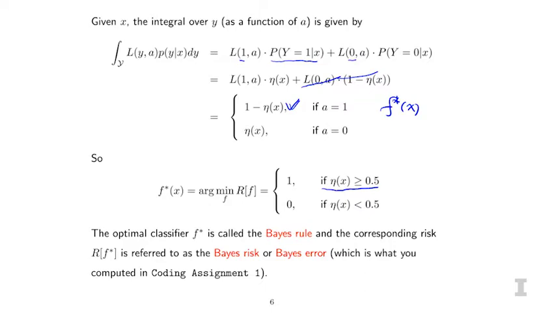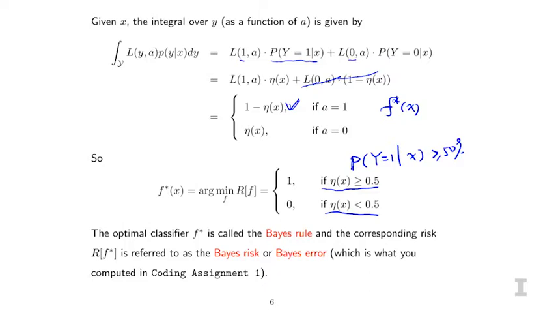In other words, if at a location x the conditional probability of y equal to 1 is bigger than 50%, then we should predict the label to be 1. It makes sense. And if eta of x is less than 0.5, then we're going to predict y to be 0. So this is the optimal classifier, because it minimizes the risk when we use 0-1 loss.